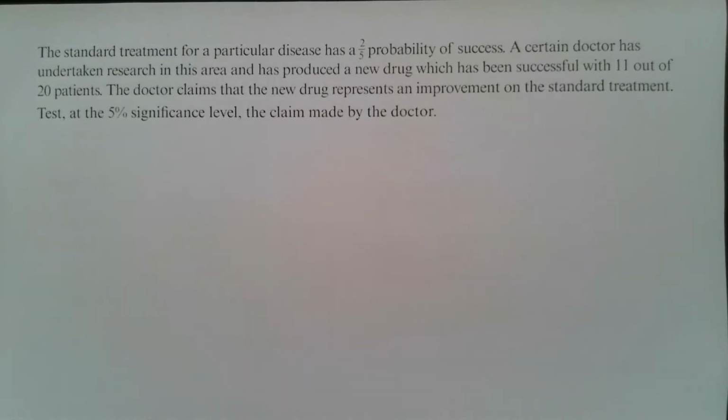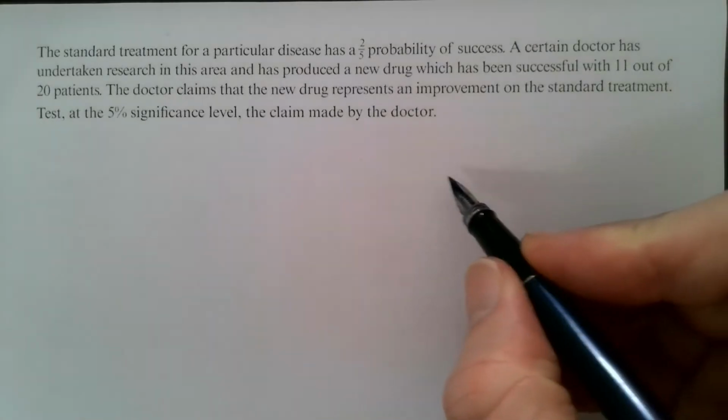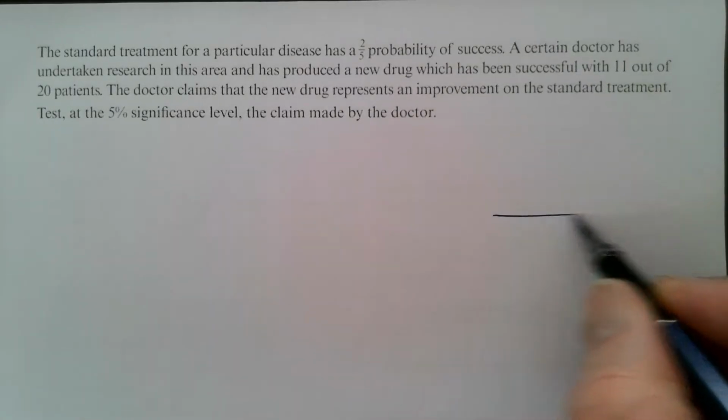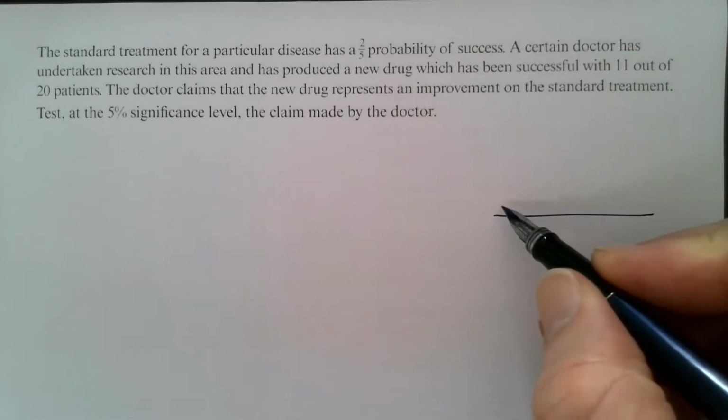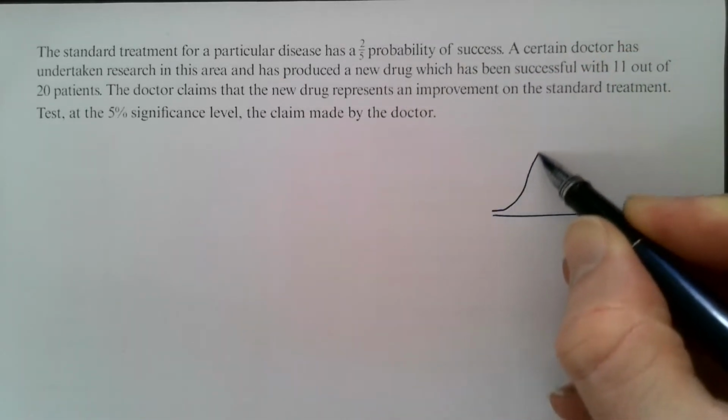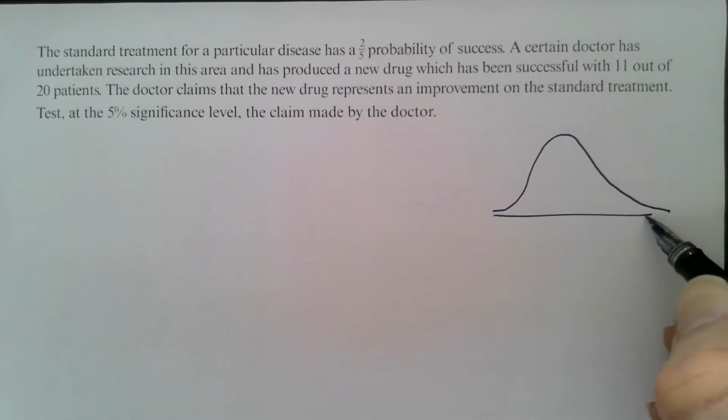Right, so here's our first example. You've done enough of these now to probably be able to have a little go and see how far you can sketch what's going on. So, because of a 2/5 chance of success, 40% of the time it's going to be peaking before halfway along, isn't it? We've got 20 patients. I'm going to put a 0 there and a 20 there.